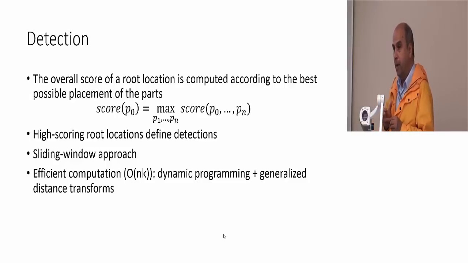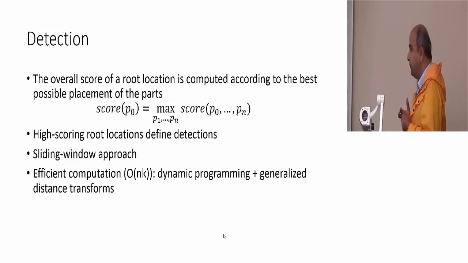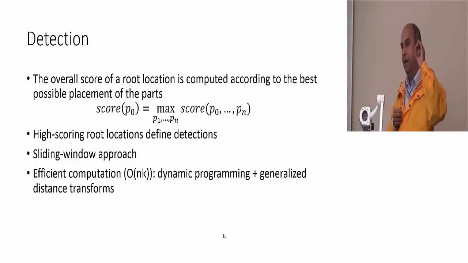That's a problem, but you can simplify it. Given a location of the root, let's look at all possible places the parts can be, compute that for part 1, for part 2, for part 3, then sum them up. So it will simplify the complexity, and that's the idea of dynamic programming.